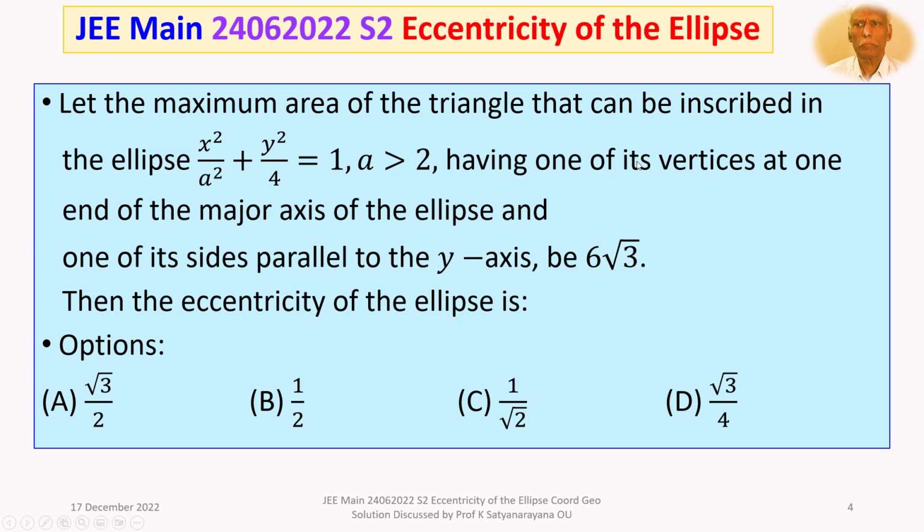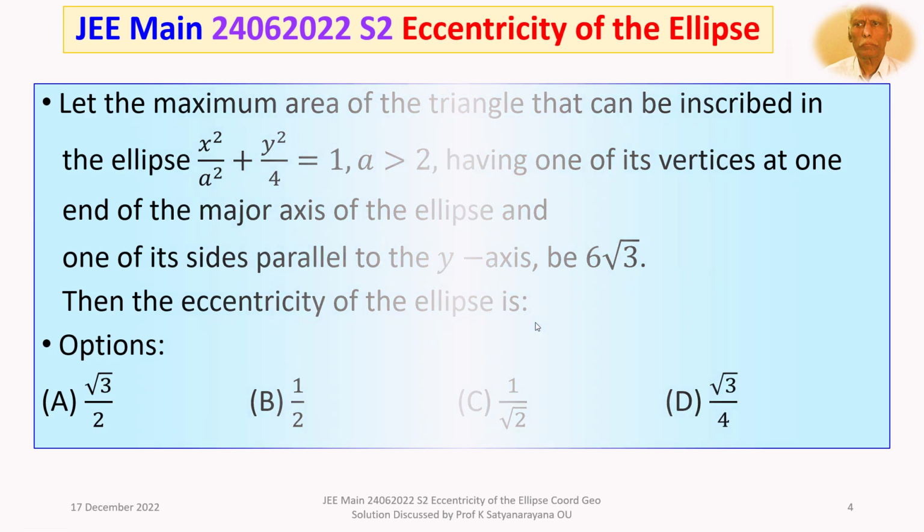The maximum area of such a triangle inscribed in this ellipse is given to be 6 under the square root of 3. Then we have to find the eccentricity of the given ellipse.